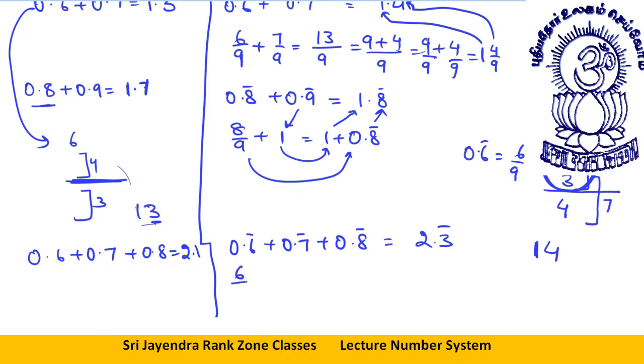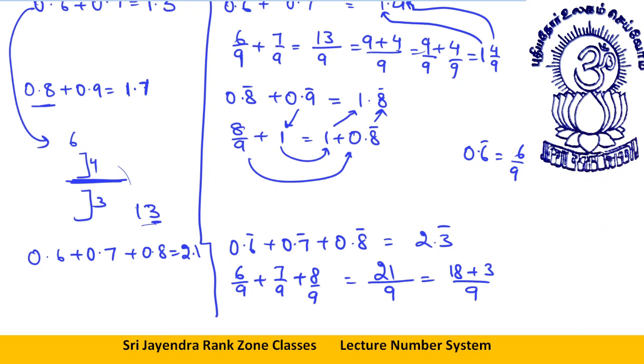See, first of all, 6 by 9, 7 by 9, 8 by 9. That becomes what? 21 by 9. Or I can say 18 plus 3 by 9. 18 plus 3 by 9 means what? It becomes 18 by 9 plus 3 by 9, or you can say 2 plus 0.3 bar.